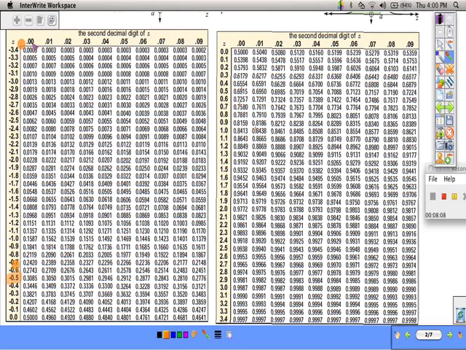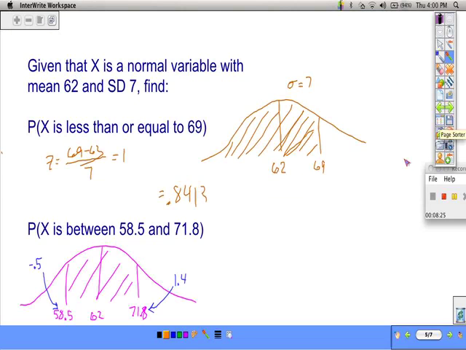So that means that the probability from negative infinity to that first z-score is 0.3085. And that probability is this area in this tail. When I look up 1.4, I'm finding the area from right here all the way back that way.